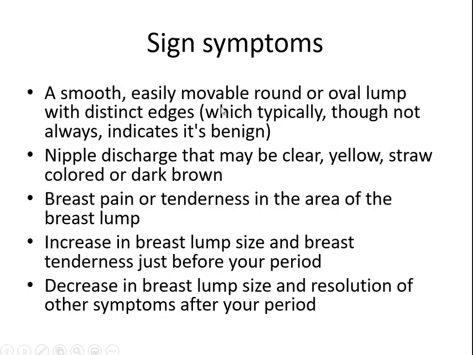Signs and symptoms: a round or oval lump, nipple discharge with variable colors, pain in the breast or tenderness around the lump, an increase in the breast lump size before the menstruation and a decrease in the lump size after the menstruation.